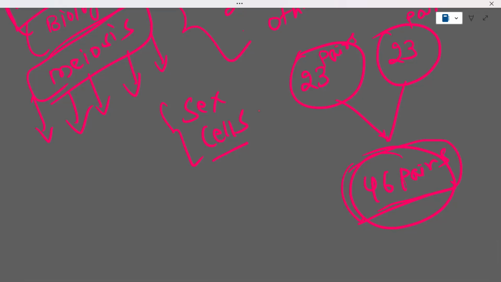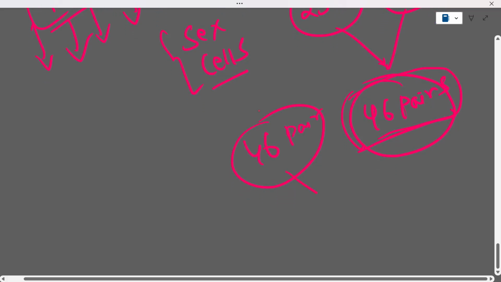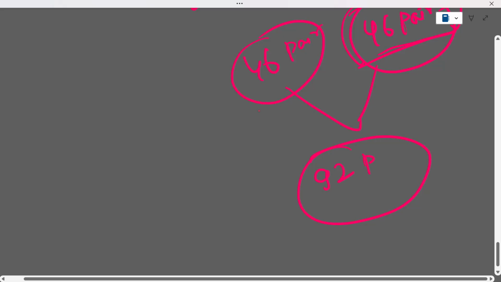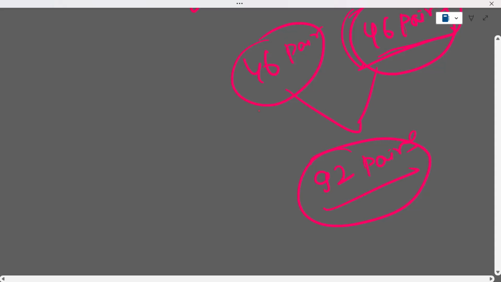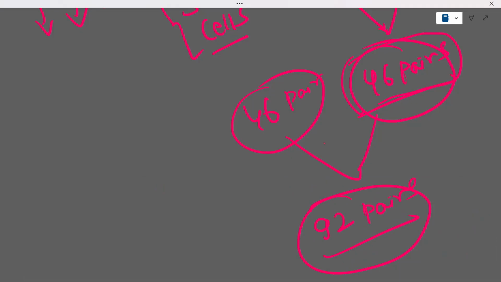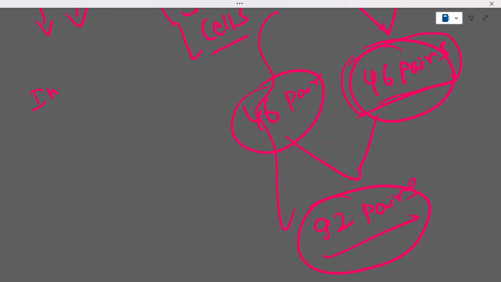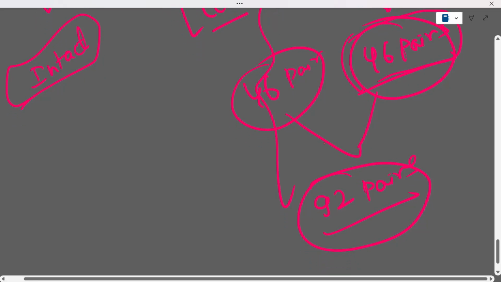Since if they are 46 pairs, the upcoming newer mate will have 46, and this process may go up to 92 pairs. So this process itself becomes futile and unsustainable. And to simplify it and keep the formation of the organism intact, meiosis, this type of cell division, comes to our rescue.